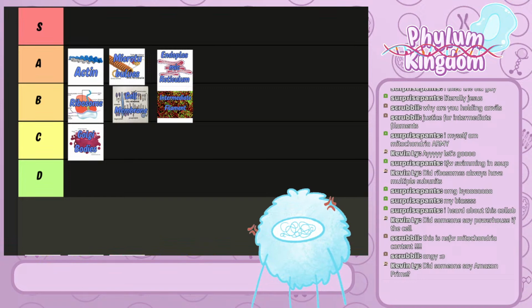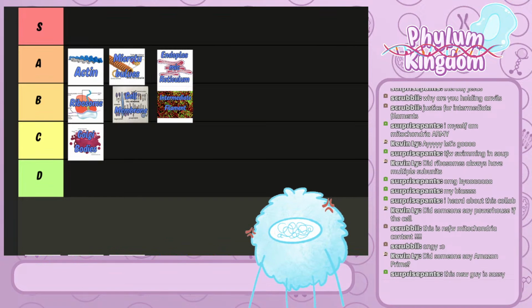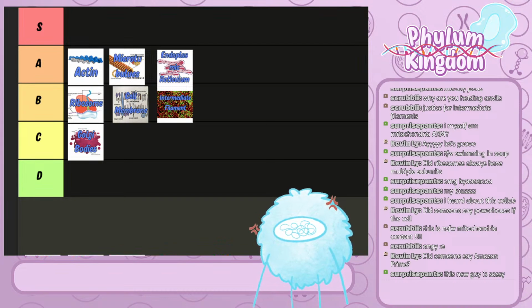The thing I want to get across is that I think that the Golgi is important, but that's not what this tier list is about, right? This is a tier list of how interesting I think these organelles are. And let me be clear, the post office is extremely valuable, right?